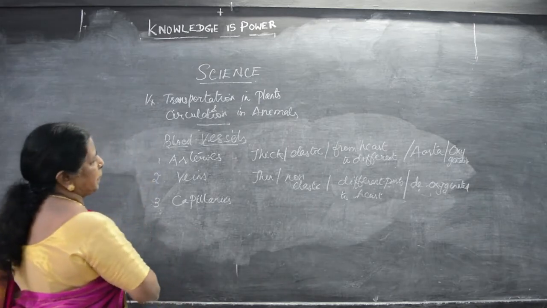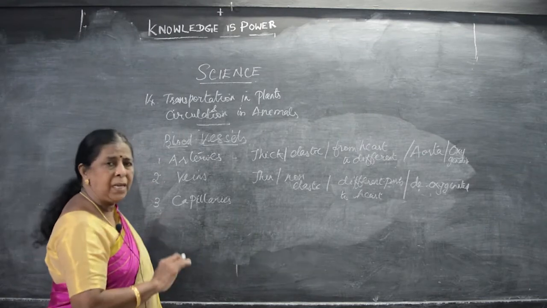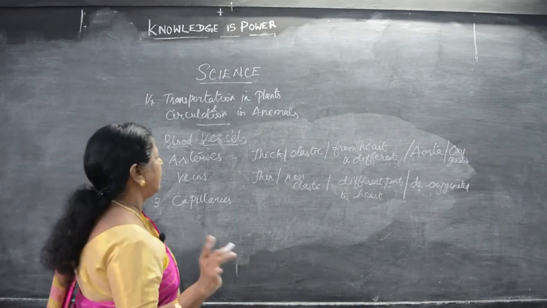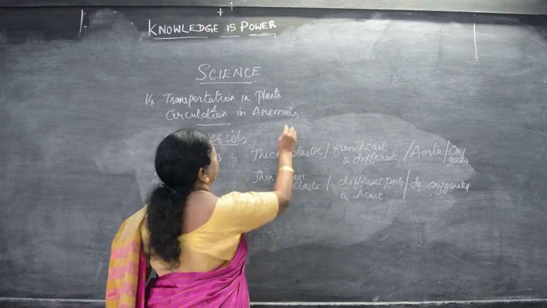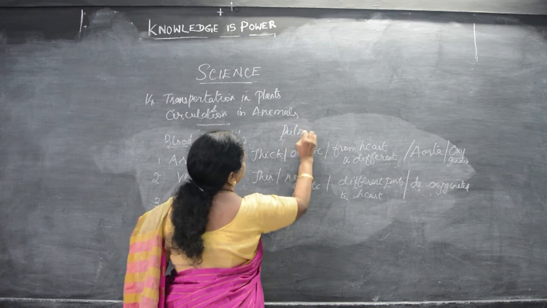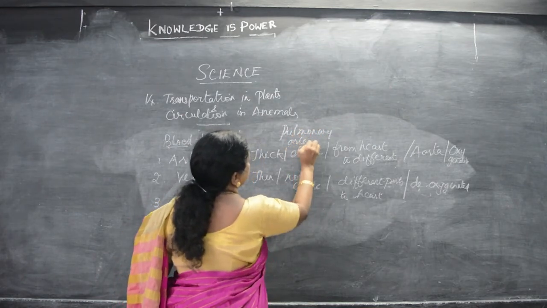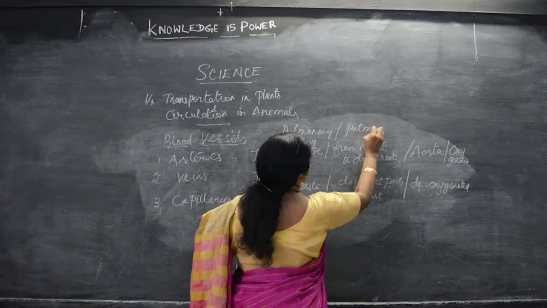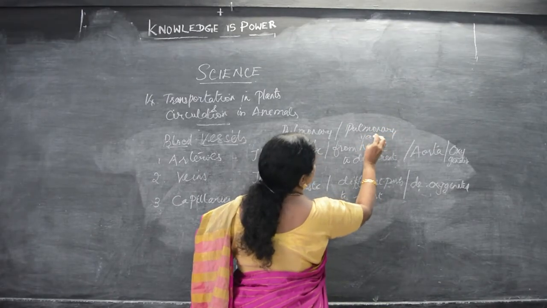There is an exception. Mostly all the arteries and all the veins supply only oxygenated or deoxygenated blood respectively, that is natural. But one of the arteries is different, that is the pulmonary artery. Pulmonary artery as well as pulmonary vein, they are the exceptions.